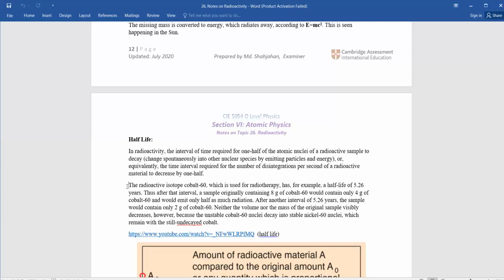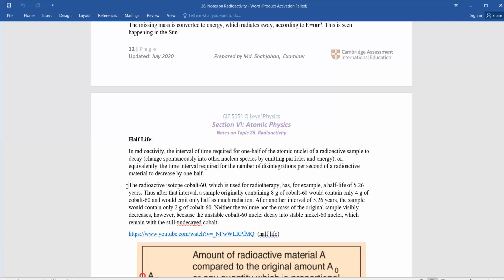So I mean, sir, does half of the cobalt 60 get converted into nickel, and the nickel stays as part of the sample with the cobalt 60? Nickel, you see here we got 8 gram at the beginning, right?